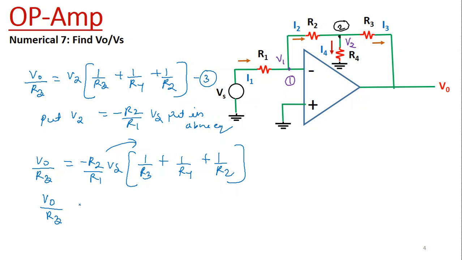V0 by R3 is equal to minus of Vs. Then we get here R2 divided by R3 into R1 plus R2 divided by R1 into R4 plus, R2 gets canceled out and we get 1 upon R1 here.